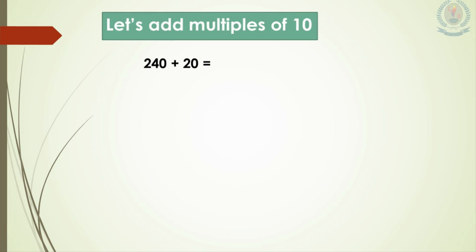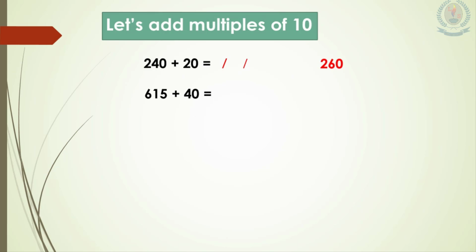For this you can use your fingers. For 20, let's take two fingers. Each finger let's take as 10. So we have to count on in tens. 240, 250, 260. Answer is 260.